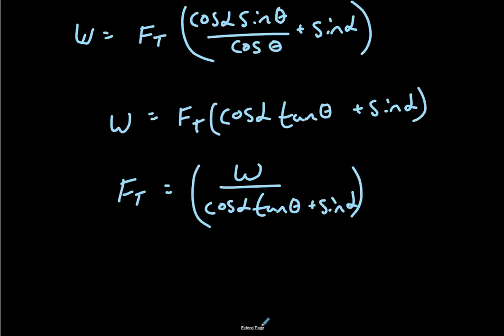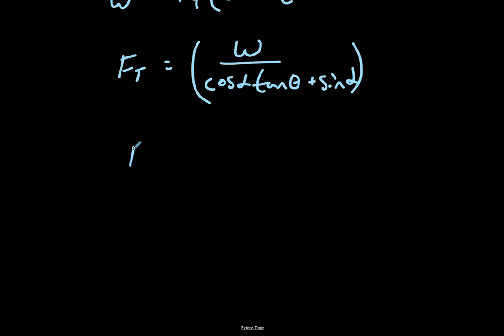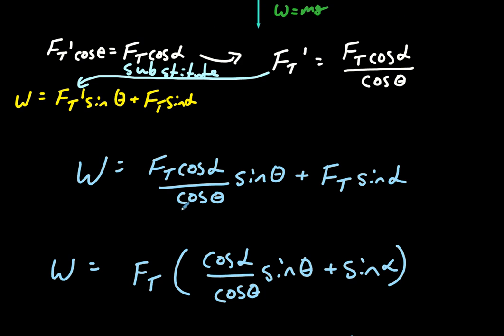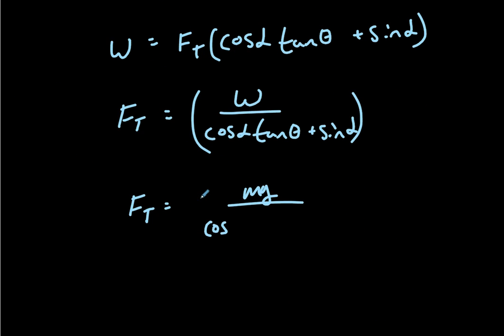Okay, let's put in some numbers, see what we get. Ft should be equal to mg over cos, I forget what my numbers were, cos alpha, 30 and then 40. Okay, see what we get.